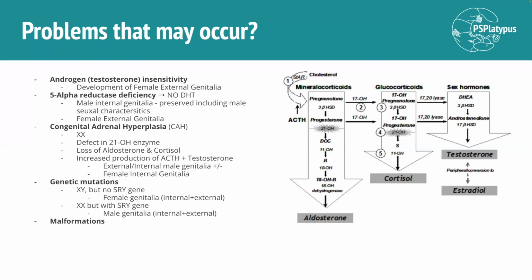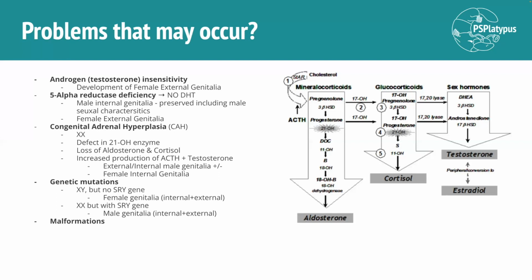Another example of a problem that may occur is in a patient with the genotype XY, the sex chromosomes XY, but with no SRY gene being present, and therefore nature will take its natural course, resulting in the development of both internal and external female genitalia.